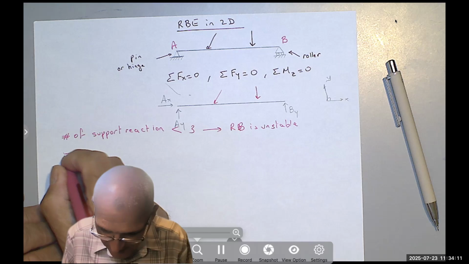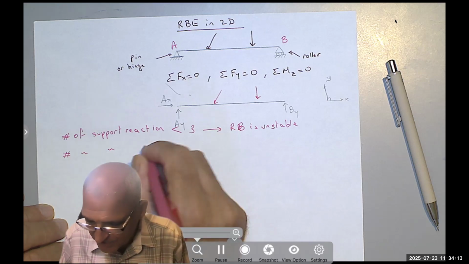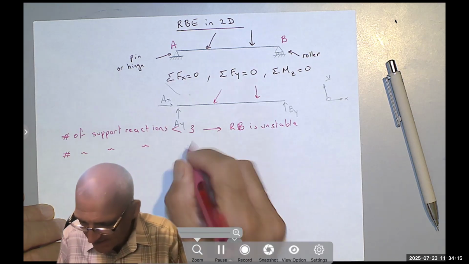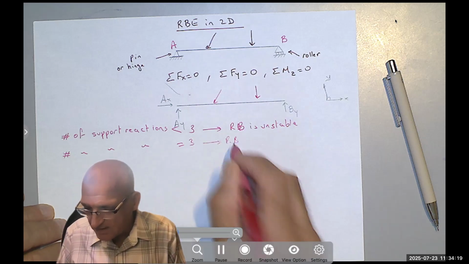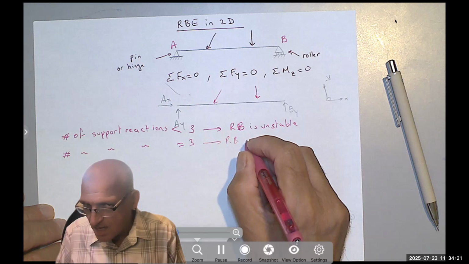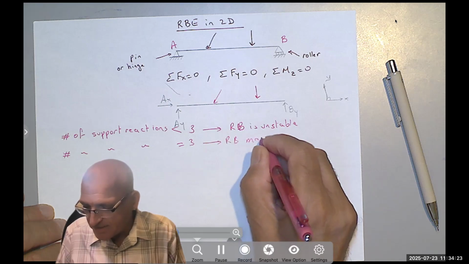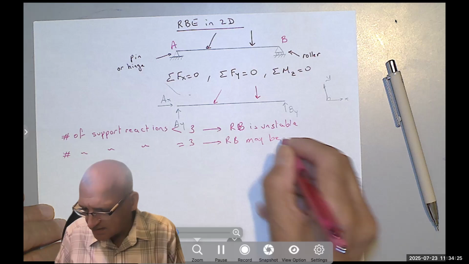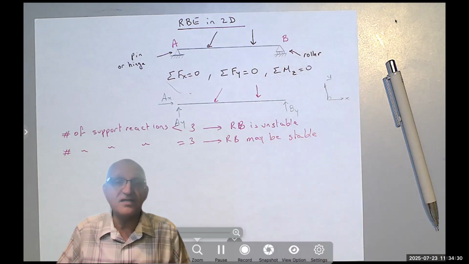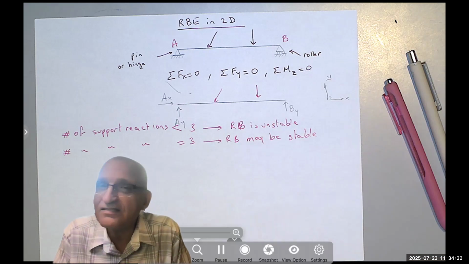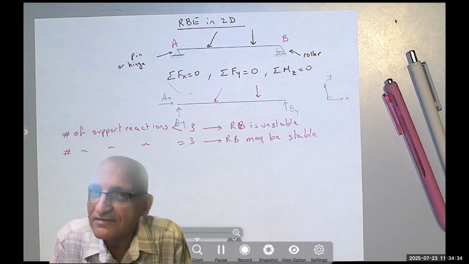If the number of support reactions equals three, the rigid body may be stable. You say, what? You just said it has to be three. Yes, I said they have to be three, but I didn't say this is enough.